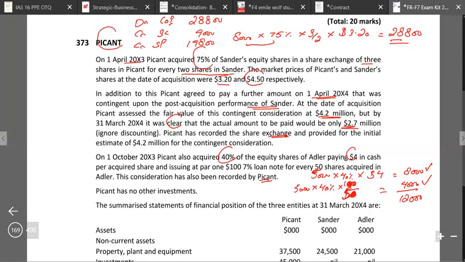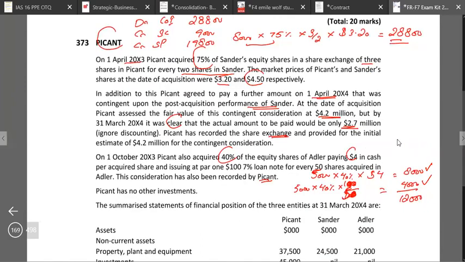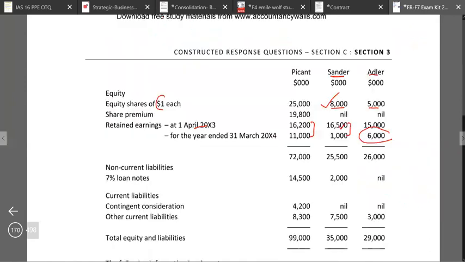Okay, so let's go back here. The associate has the full year profit of 6,000 when the parent acquired it on 1st October 20x3. So October to March: October, November, December, January, February, March.